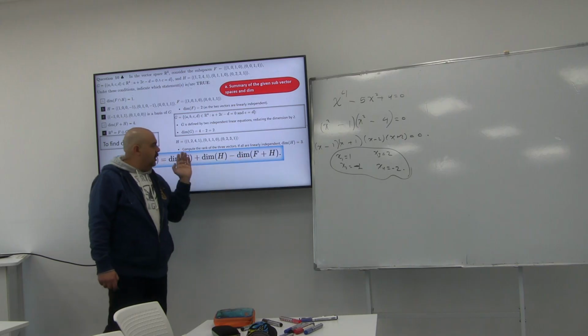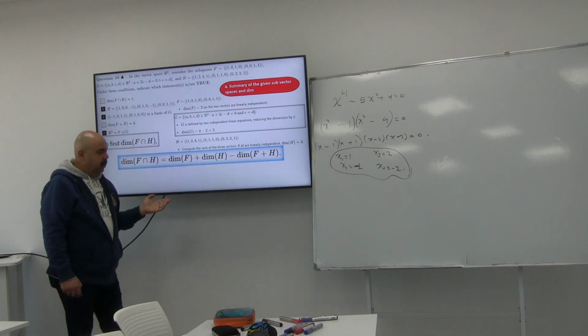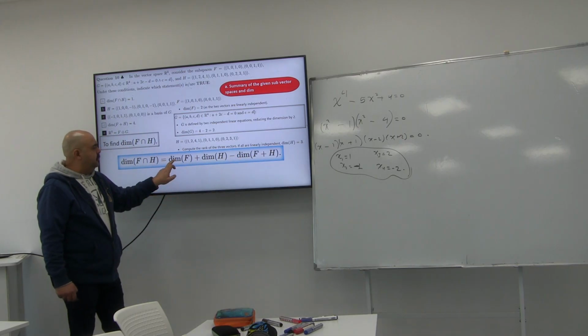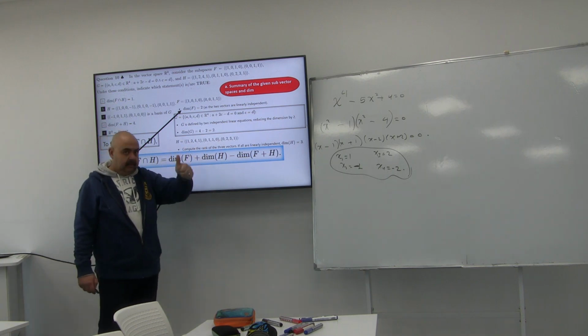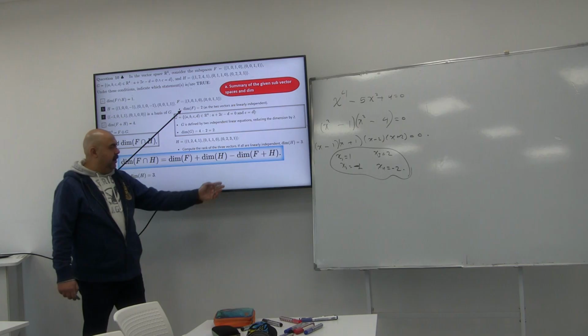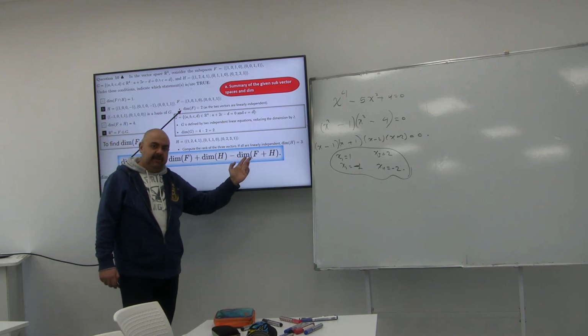Converting it like this is going to be easy for us. Dimension F is already known because it contains 2 vectors. Dimension H is already known, 3 linearly independent vectors. So now I need to check F plus H.